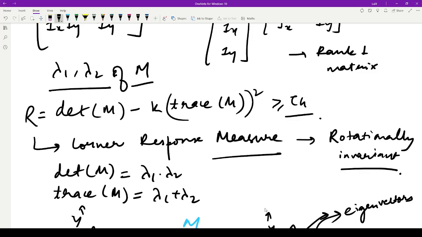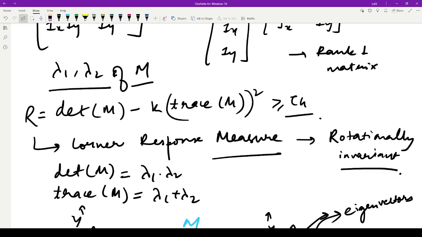That's one of the major reasons why the Harris corner detector became really famous and useful. And there are some other properties that we will go through when we solve the question.